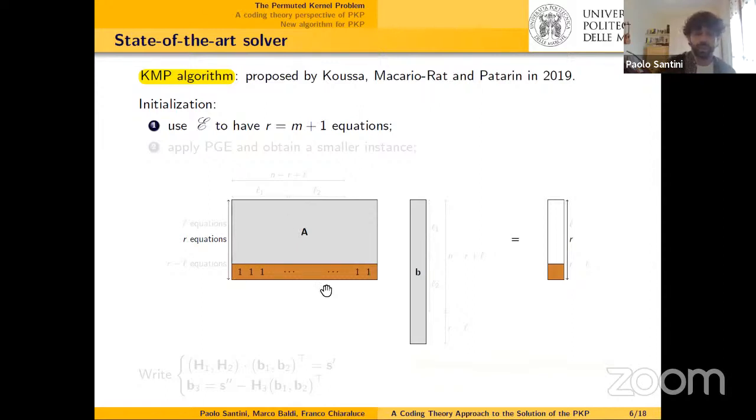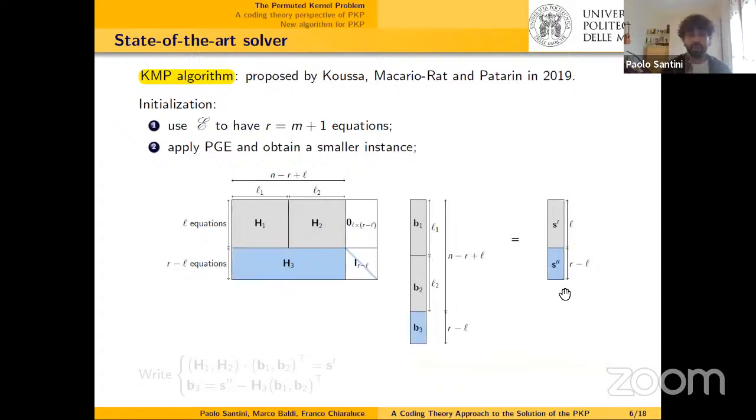So you append this row to the matrix A, you construct your target vector. And once you have done this, you apply partial Gaussian elimination. Now, I will not have the time to explain the meaning of all these parameters, but I will leave you the slide so that you can check all of the details.